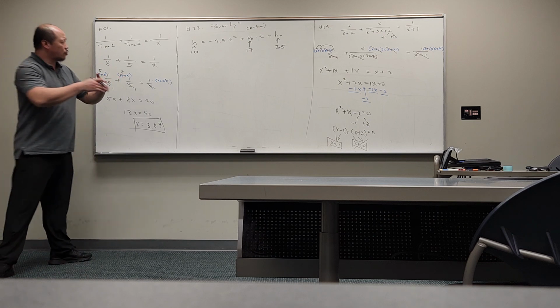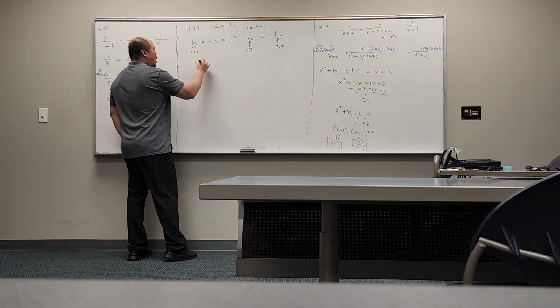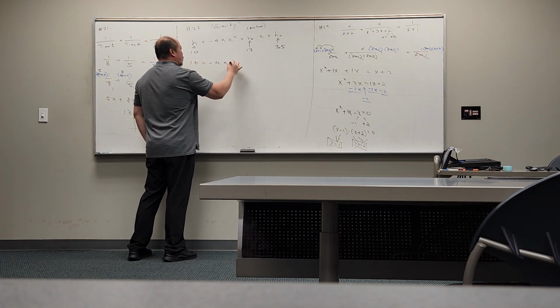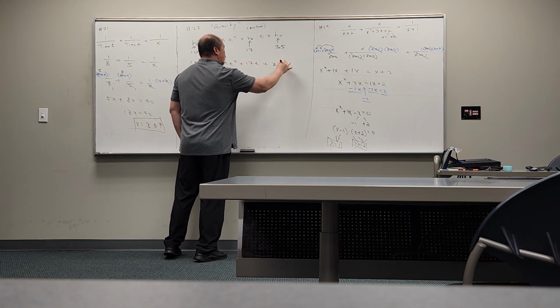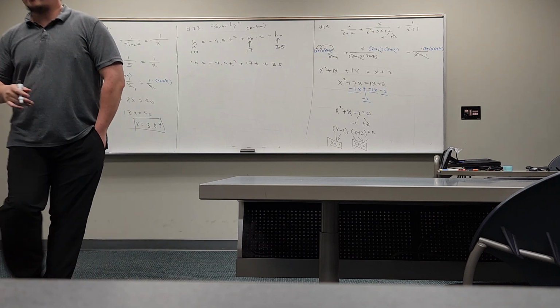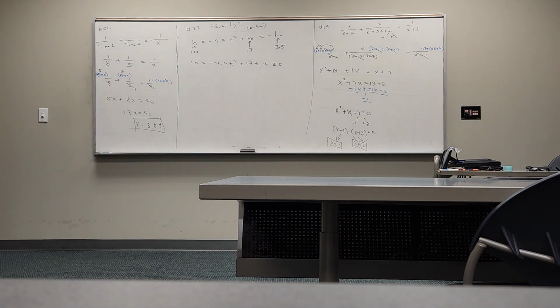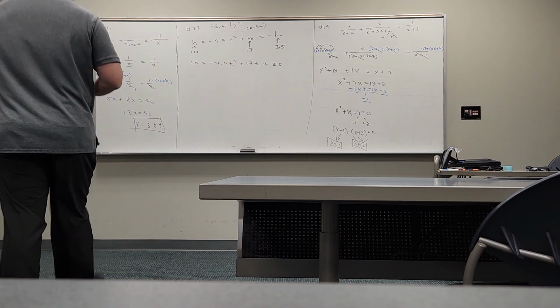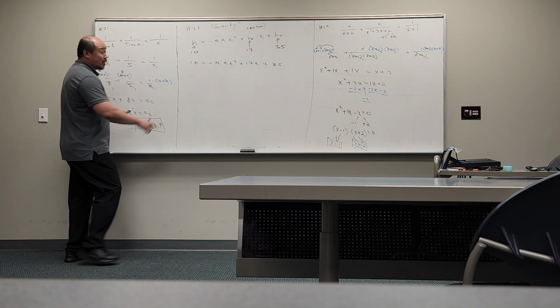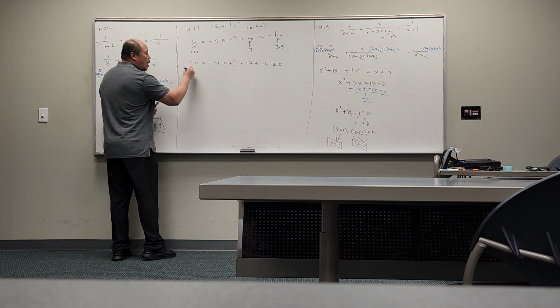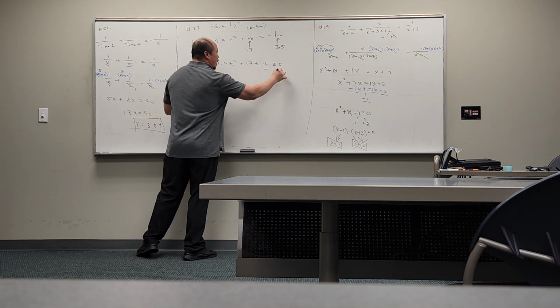So let's go ahead and rewrite everything. 10 equals this. Let me double check just to make sure, this is important. Okay, good. So now what we can do is take this 10 and subtract it to the other side.